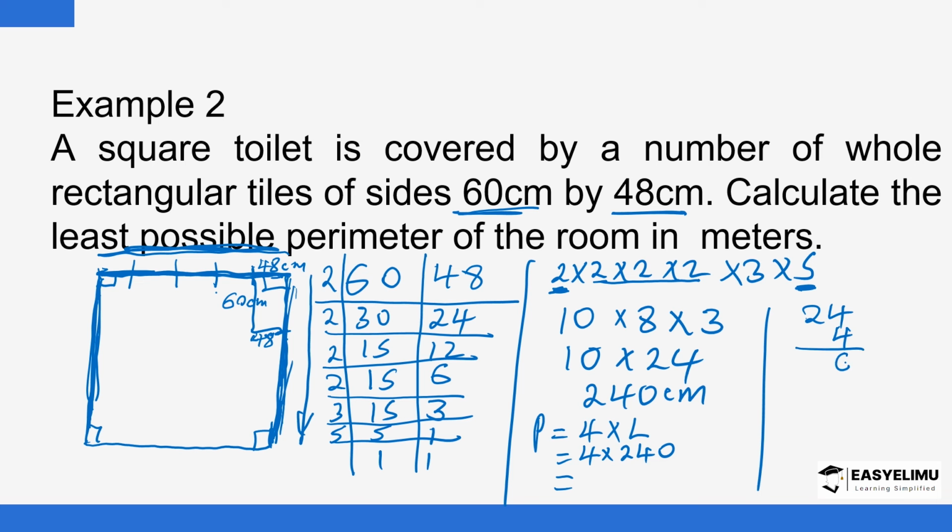So 4 by 4 is 16, so 6 carry 1, and 4 by 2 is 8, plus 1 is 9. So it means 240 by 4 should be equal to 96, and then you add the 0. So that is the perimeter of this room. It's a small room, 960 centimeters.